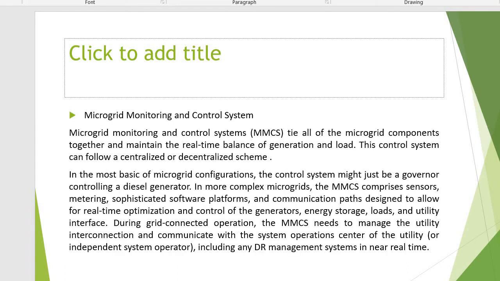Now, the microgrid monitoring and control system. It has to tie all the components together and maintain the real-time balance of generation and load. So we have to take care of demand and supply every time. This control system can follow a centralized or decentralized scheme. In most of the basic microgrid configurations, the control system might just be a governor controlling a diesel generator, or in more complex microgrids, it comprises sensors or meters, sophisticated software platforms, and communication paths designed to allow for real-time optimization and control of the generators, energy storage, loads, and utility interface.